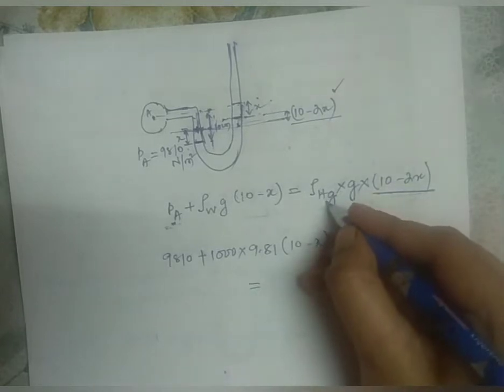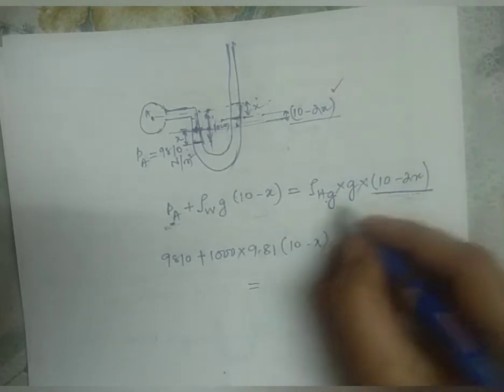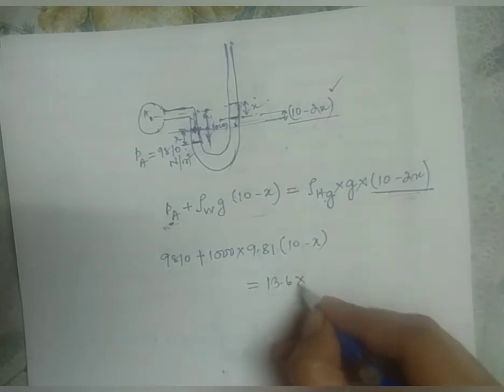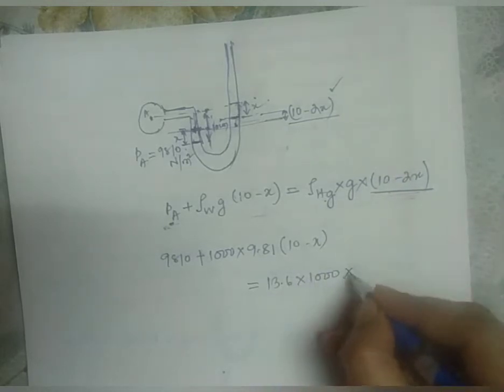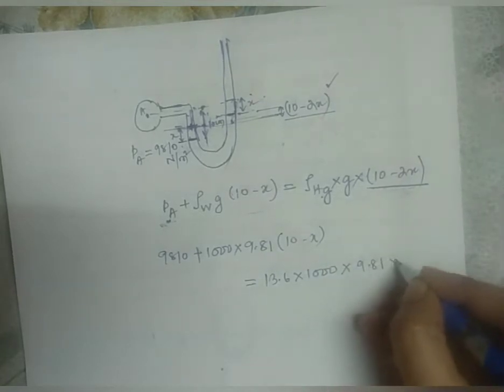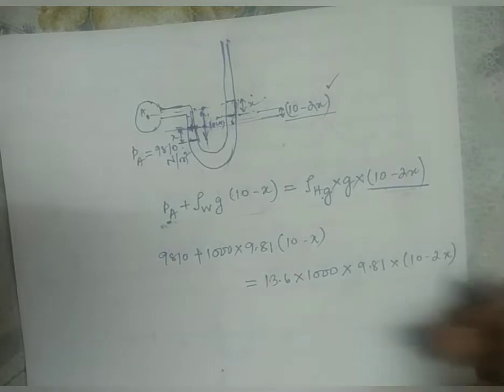Equate it with the right-hand side, that is 13.6, the specific gravity of mercury, into 1000 into g, 9.81, into 10 minus 2x.